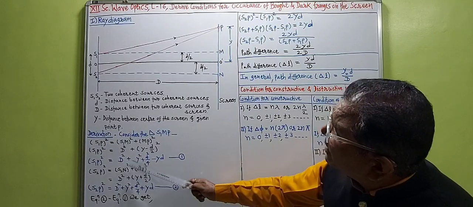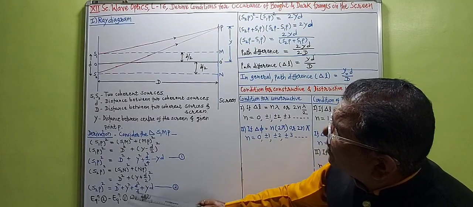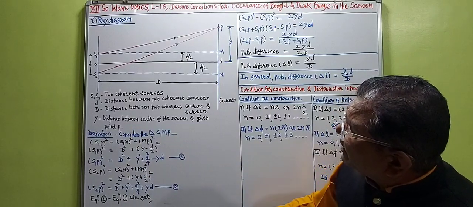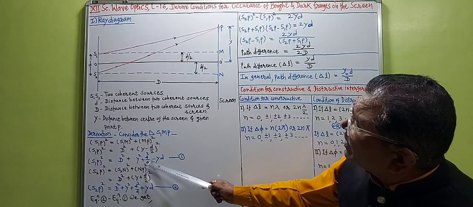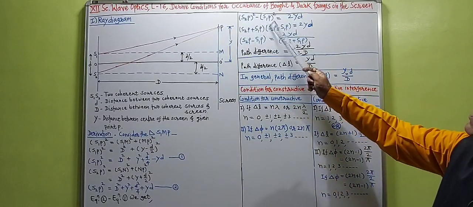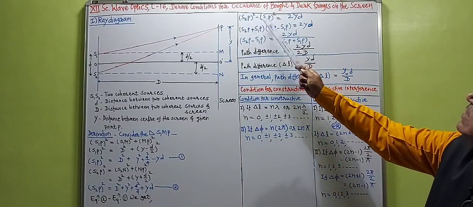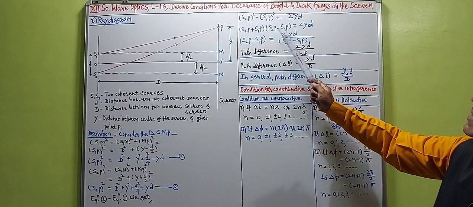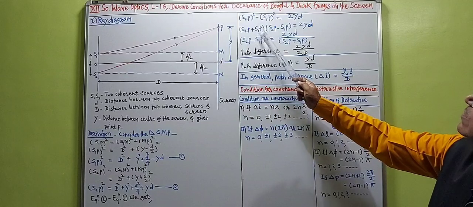This Y square will cancel with this. D square by 4, this D square by 4 gets cancelled. Then here YD, minus minus plus, we get 2YD. And this is a simplification of what? A square minus B square is equal to A plus B into second bracket A minus B. So we get S2P plus S1P.